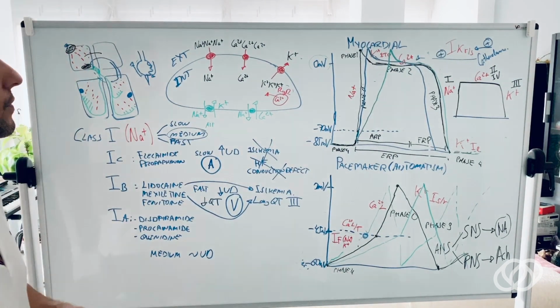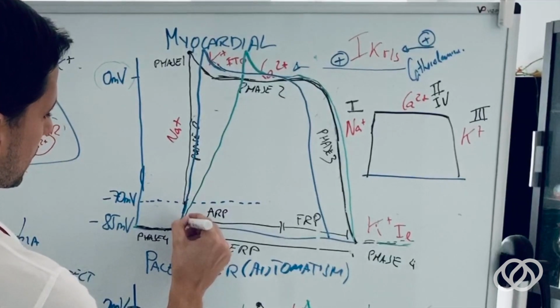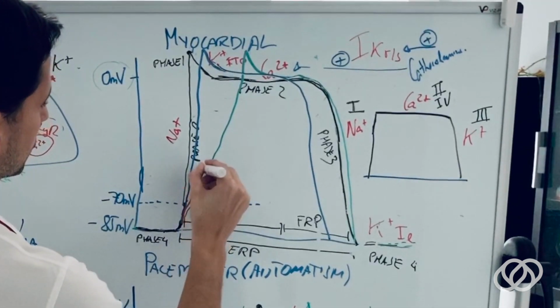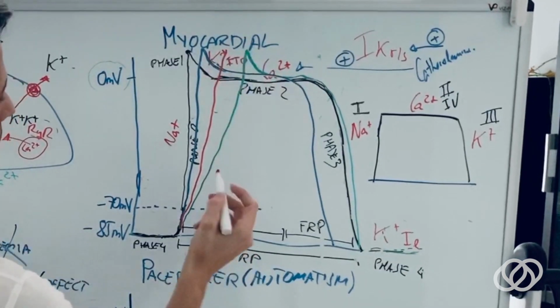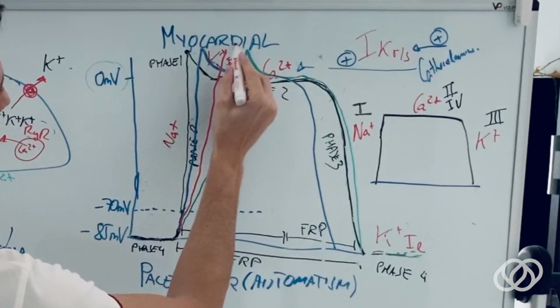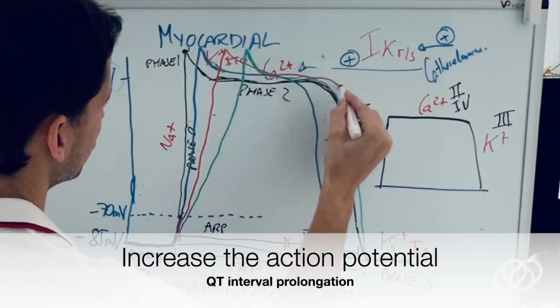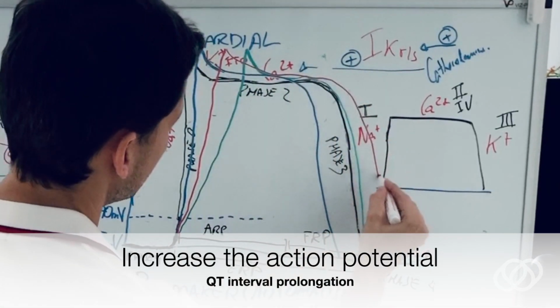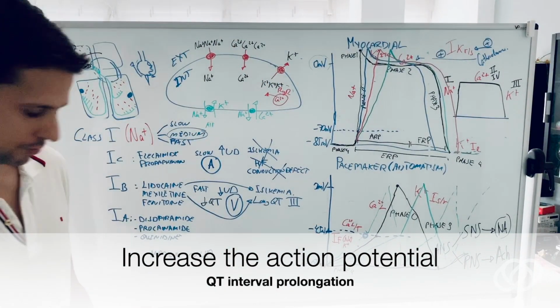So if we represent them, because they have use dependence that is in the middle, we can bring it here in the middle of the way, and they increase the action potential. You have to be careful with this, because this increases the QT.